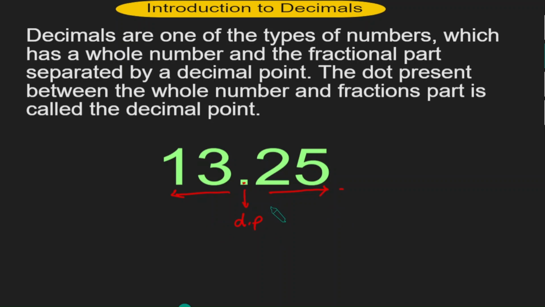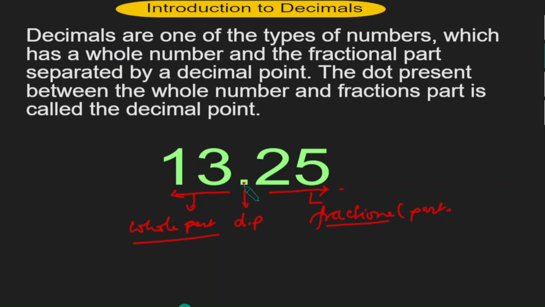The numbers on the left side are the whole part, or integral part, and on the right side of the decimal point the numbers are the fractional part. So this is the whole part and this is the fractional part of a decimal number.